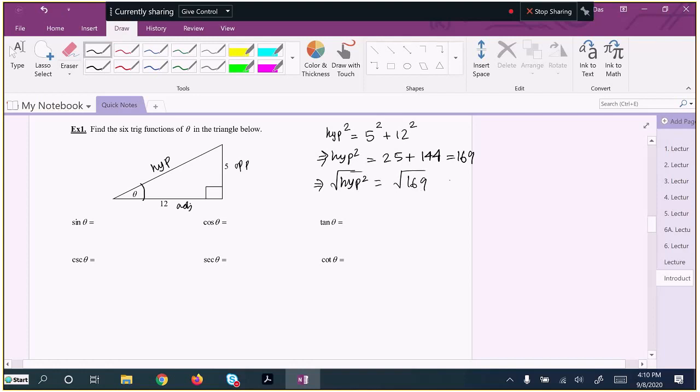Remember, the square root of hypotenuse square will be the absolute value of the hypotenuse, which is 13. So I get two answers: hypotenuse equal to 13, or hypotenuse equal to negative 13. But since hypotenuse refers to the length of the side, it is always positive. So we can say that length is always positive.